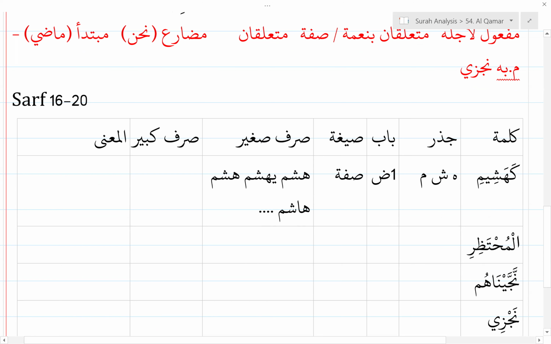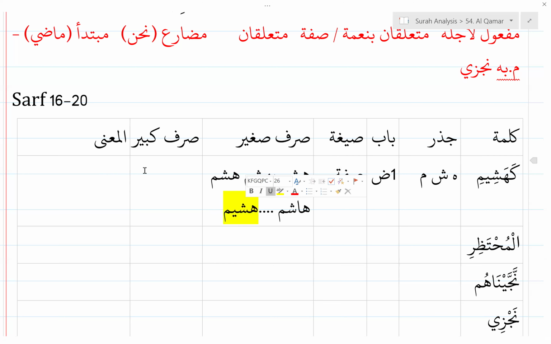And then of course, mashhumun would be the ism maf'ul. And if you do all the sarf, you'd come to the sifa, which would be now Hashimun. Okay. And then the sarf kabir, we're going to skip the sarf kabir of sifa, because we already found it.